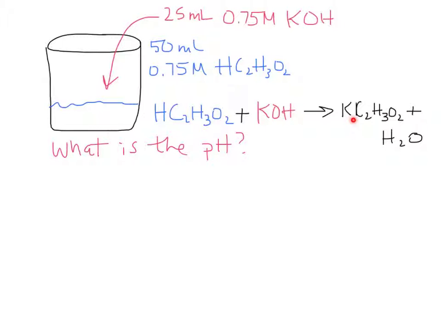So what we have to recognize is we initially started out with 50 milliliters of 0.75 molar acetic acid. If we convert that into moles, what we recognize is that we have 0.0375 moles of acetic acid.